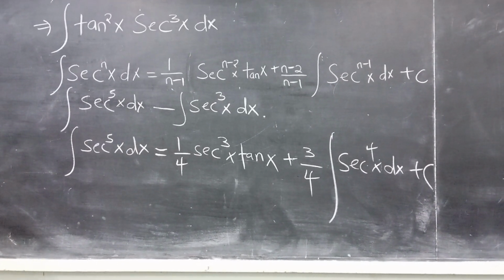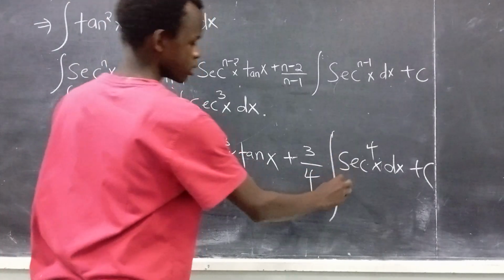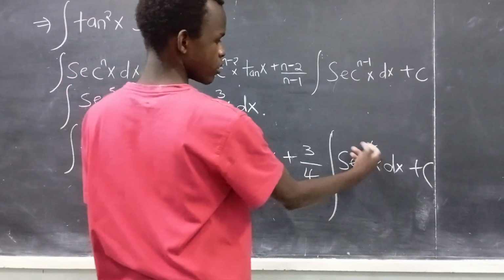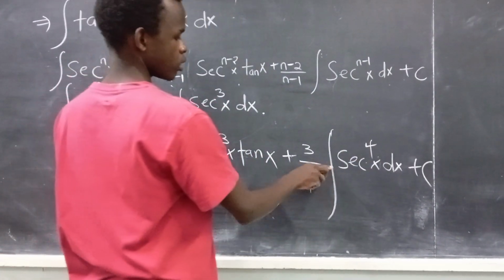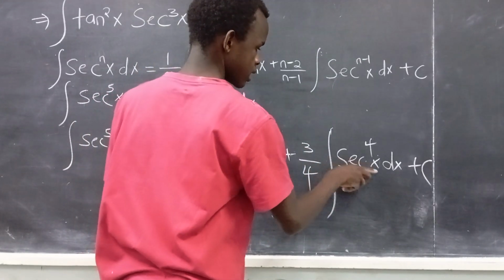So let's compute that. From here I'll get secant to the 4th, so again I have to integrate secant to the 4th.